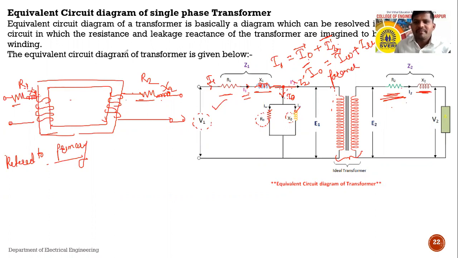So referred to primary, calculate that value, referred to secondary, then calculate that value, like that. Referred to primary is nothing but transferring the secondary value into the primary side, and referred to secondary is nothing but transferring the primary value into the secondary side.